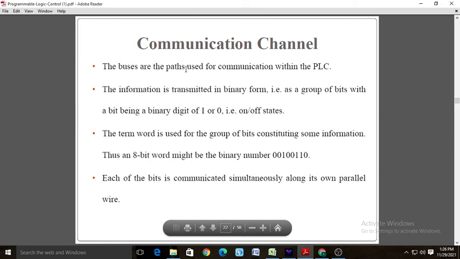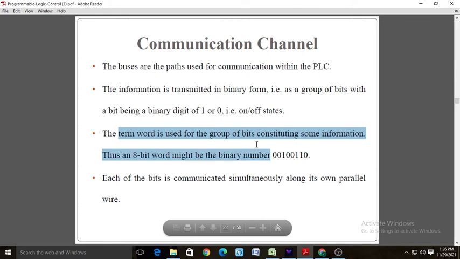The buses are the paths for communication within the PLC. The information is transmitted in binary form, i.e. as a group of bits, with a bit being a binary digit of 1 or 0, i.e. the on and off states. The term word is used for the group of bits constituting some information. Thus, an 8-bit word might be a binary number such as 00100110.